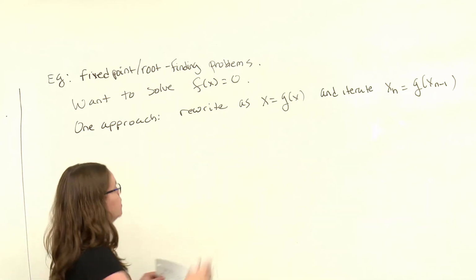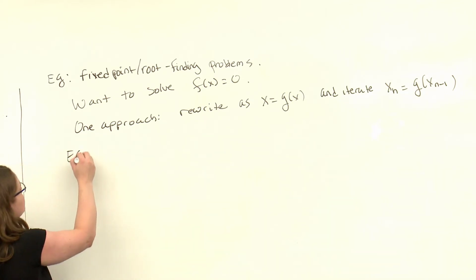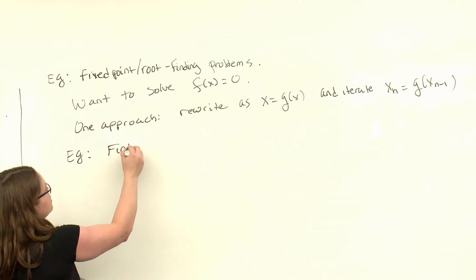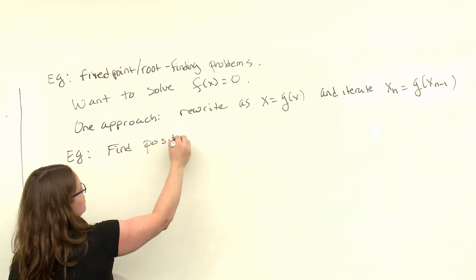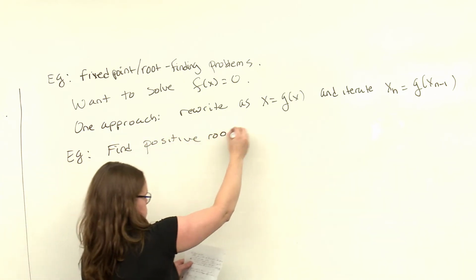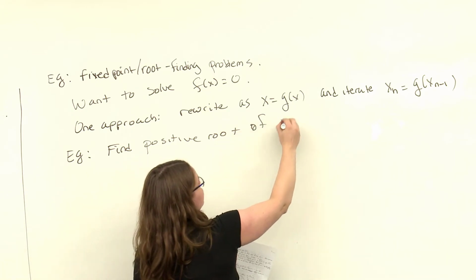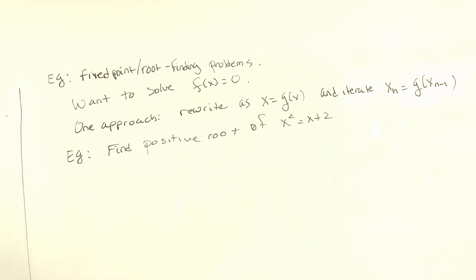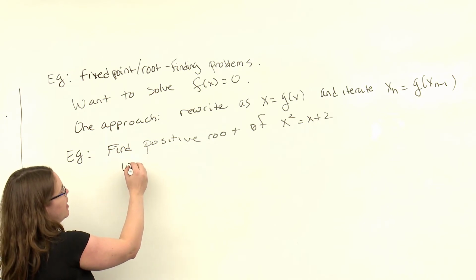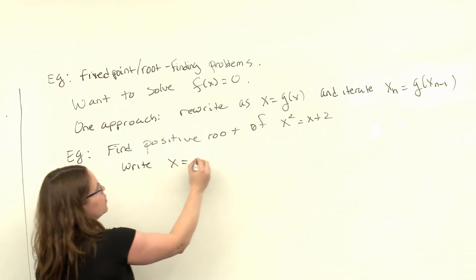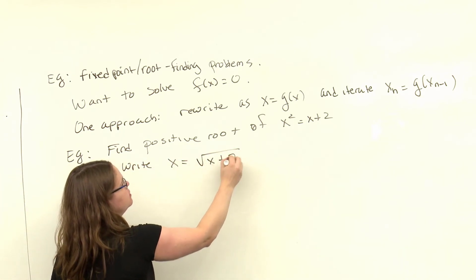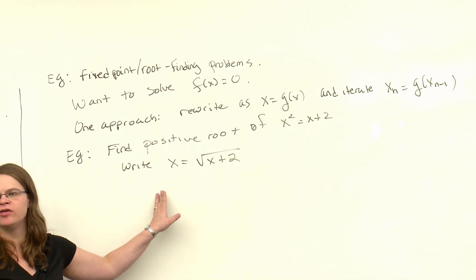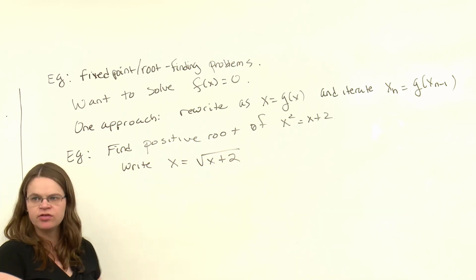So for example, find the positive root of, say, x squared equals x plus 2. Could rewrite as x is equal to the square root of x plus 2. Right? So I've got an x on one side of the equation, some function on the other side.